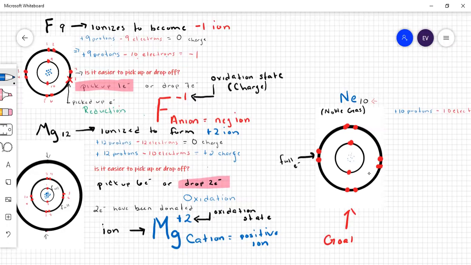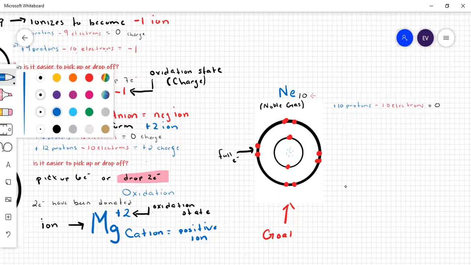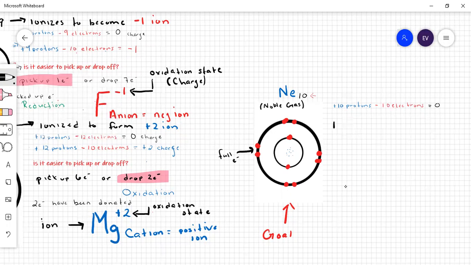Just like noble gases. So when you're looking at a noble gas like neon, and everybody's trying to be a noble gas like neon, does neon find itself in a position to want to either pick up or drop electrons? No, because it's already full. So elements like neon do not ionize.